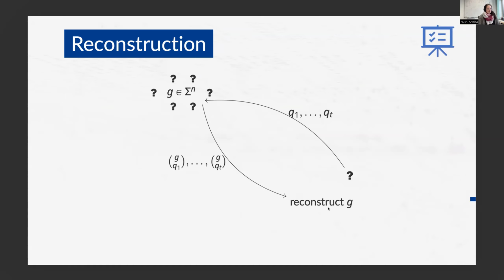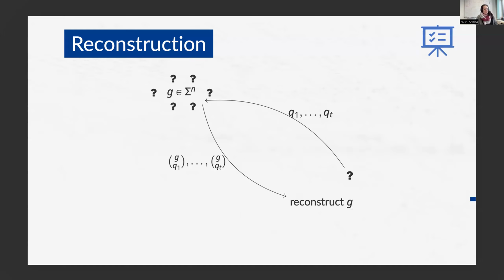I have a short image for this. We have some unknown word. We query some words that are hopefully subwords of the unknown word and get back those integer values, which tell us that Q1 is contained some integer number of times in G, and so on. With this, we want to reconstruct G.